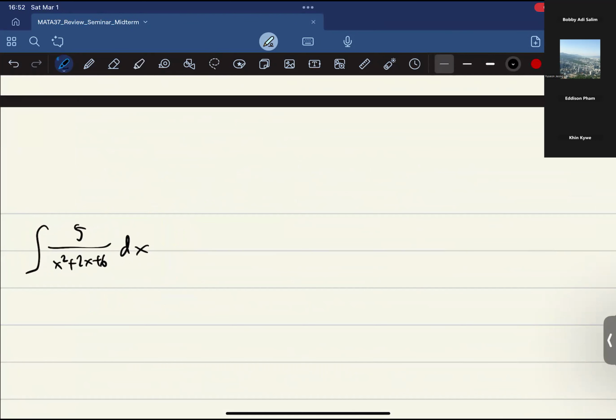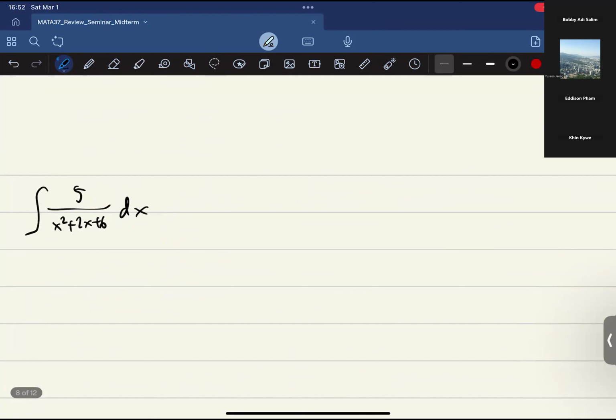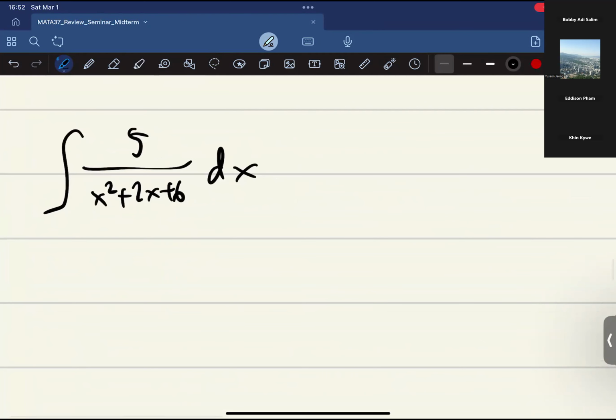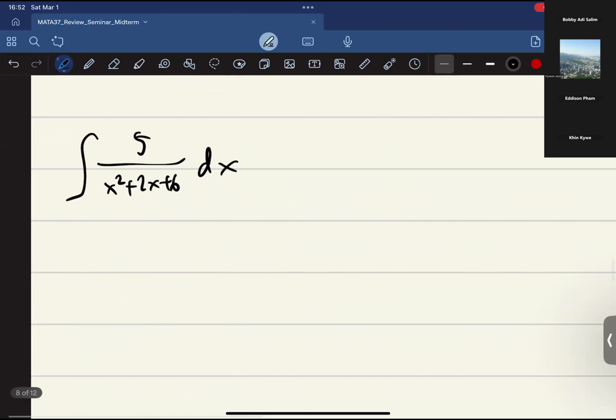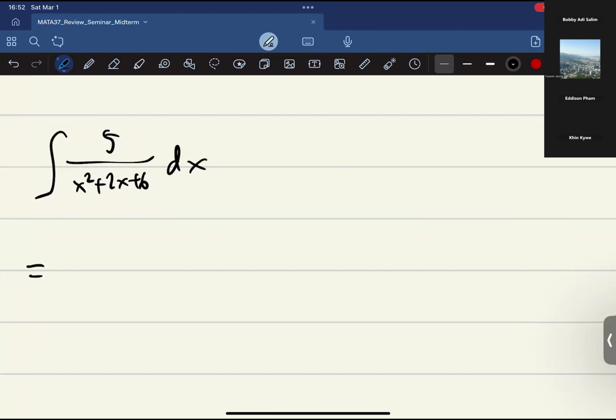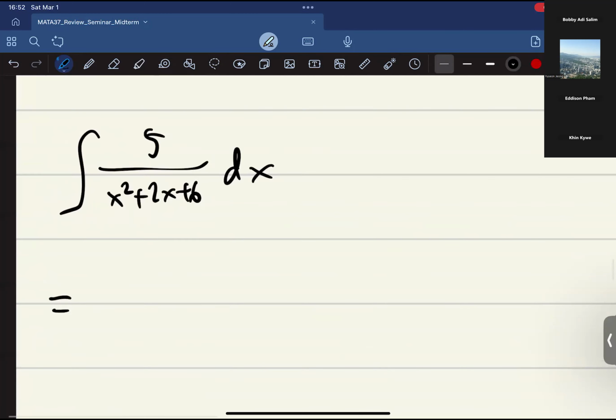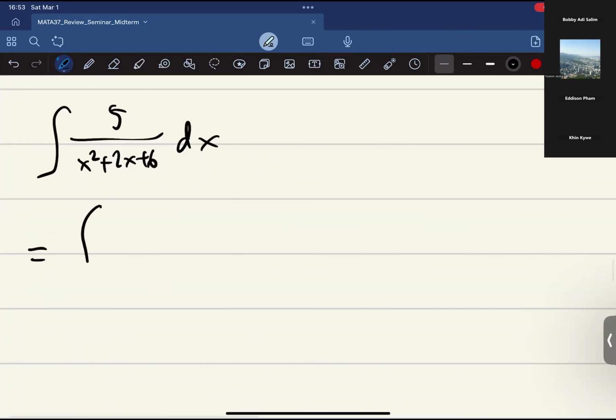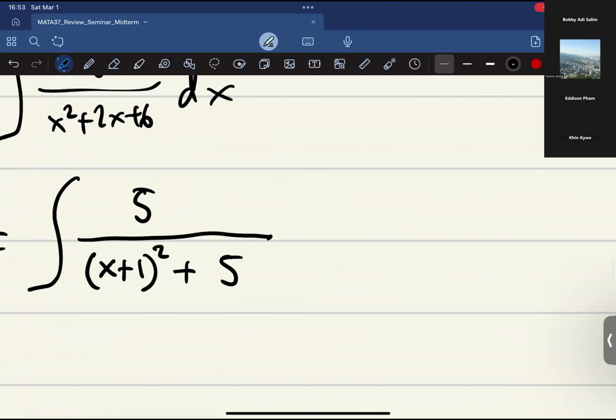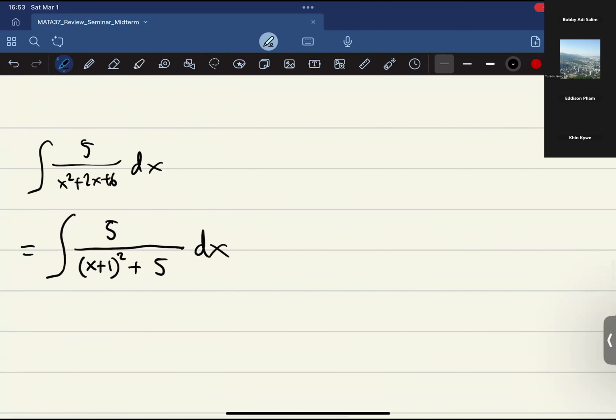So there's a comment in the chat saying to complete the square. And yeah, that's pretty much the right idea. You want to complete the square of the denominator. This will be x plus 1 squared plus 5 of dx.